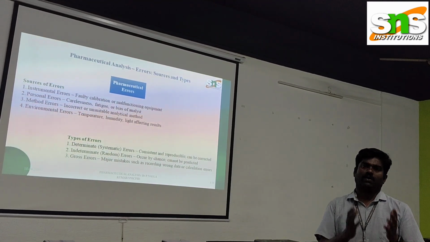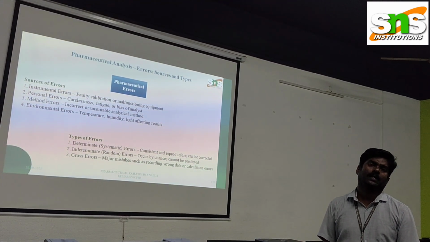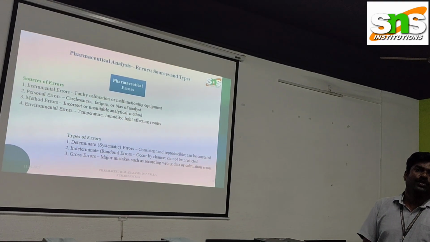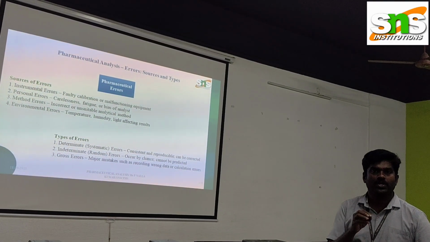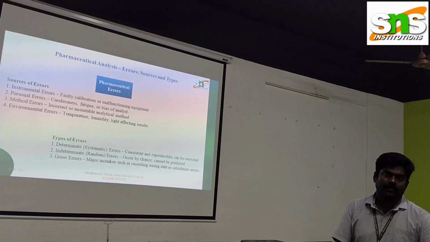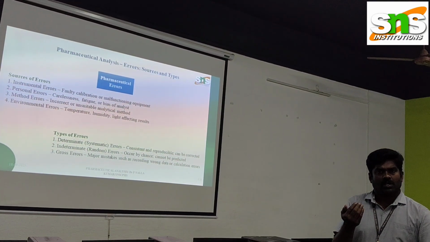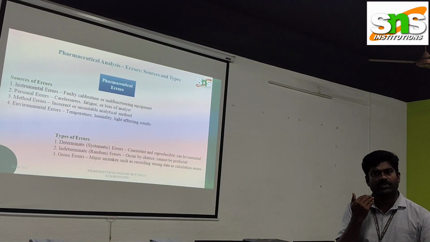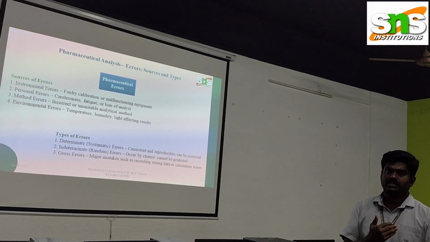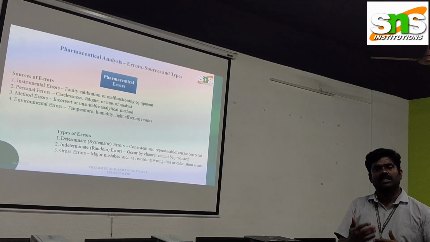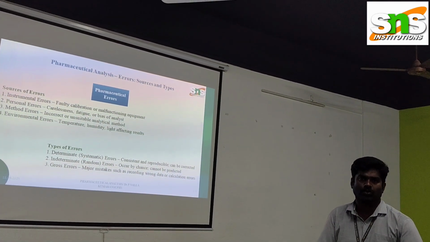So we need to follow the IP, Indian Pharmacopoeia. The Indian Pharmacopoeia specifies which solvent we need to use, how to take the average weight of the tablet, and from that average weight how to calculate the required weight. These calculations and formulas are clearly given in the Indian Pharmacopoeia.